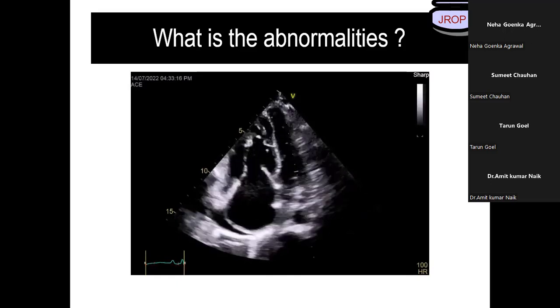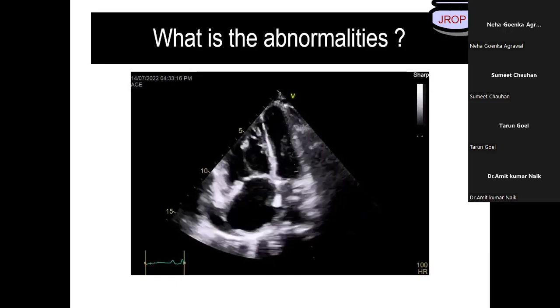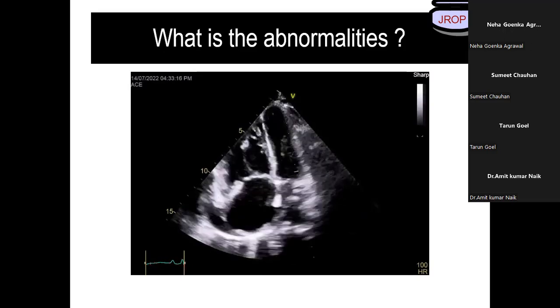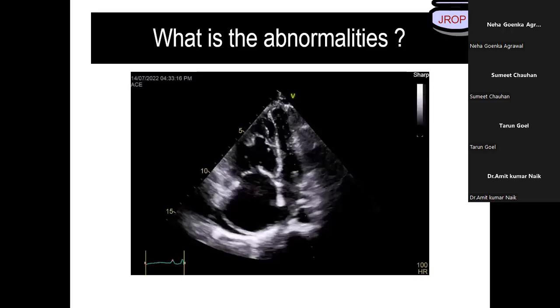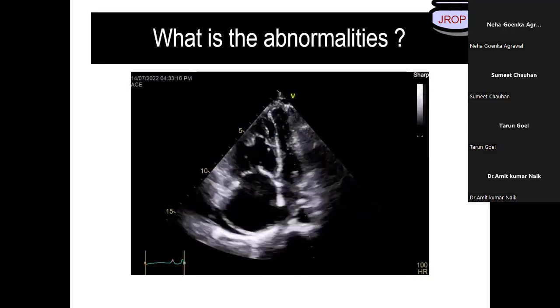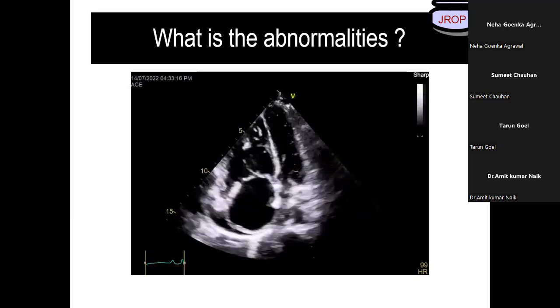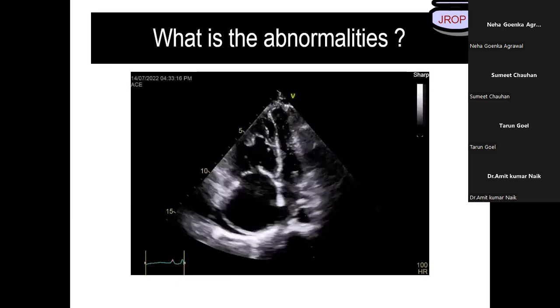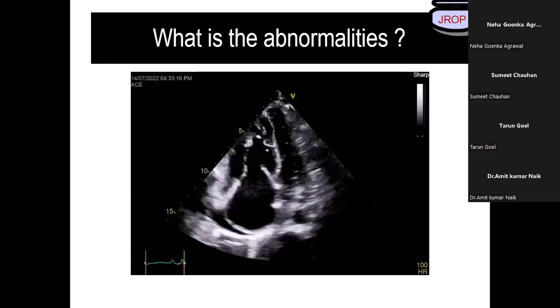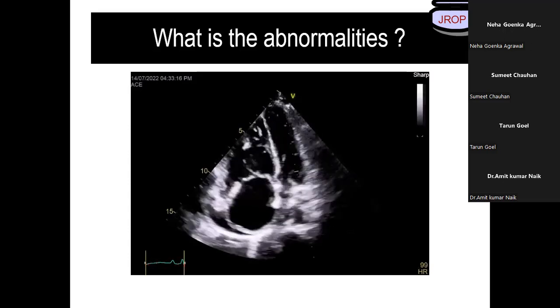Acute versus chronic. Sir, chronic in cor pulmonale, acute in pulmonary embolism. Good. And in today's circumstances, for the last 2 years, could you correlate this condition? With COVID. Good.